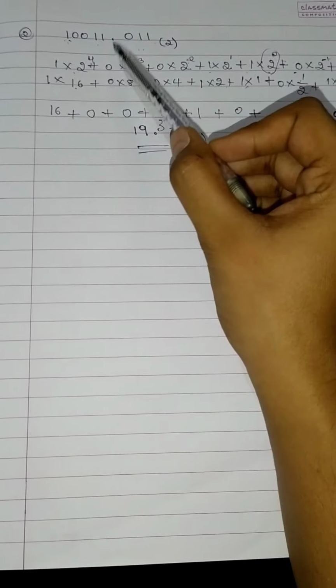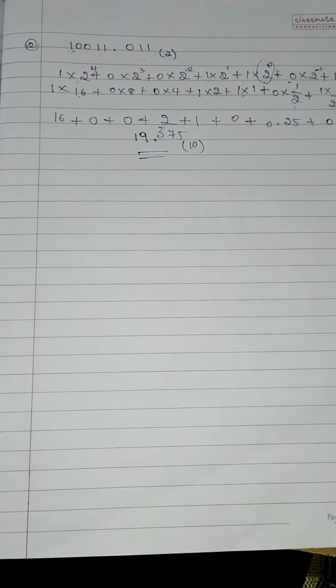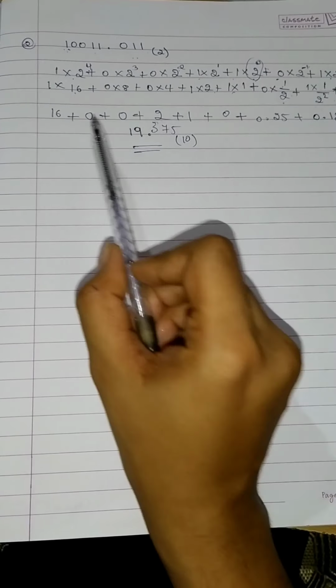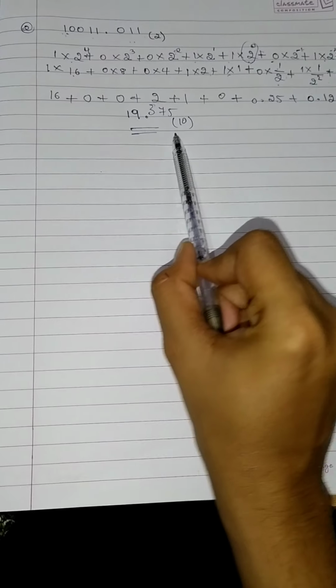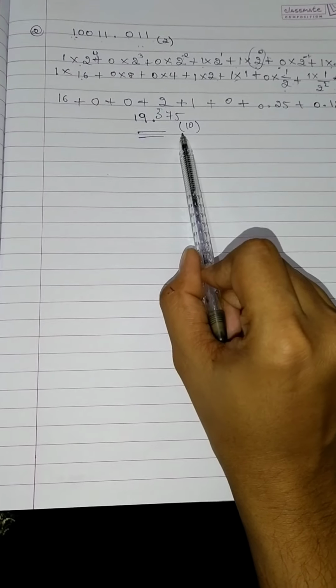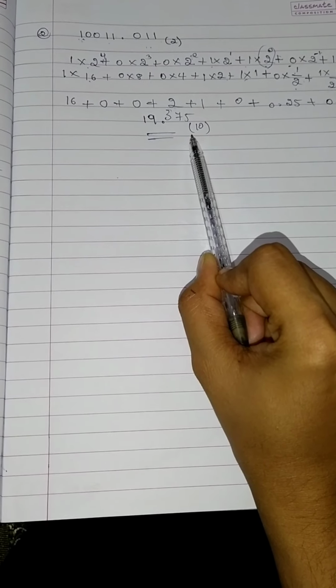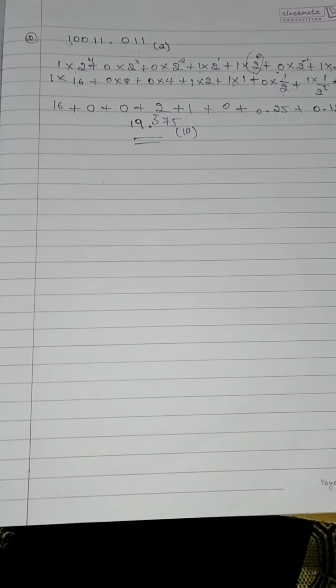Okay, after the binary point you have to take negative weightage, so 0 into 2 power minus 1, 1 into 2 power minus 2 and 1 into 2 power minus 3. Then find the products, then sum up all the values, and that will give you the decimal number. Okay, so these are the steps you need to follow while converting any given binary number system into decimal.